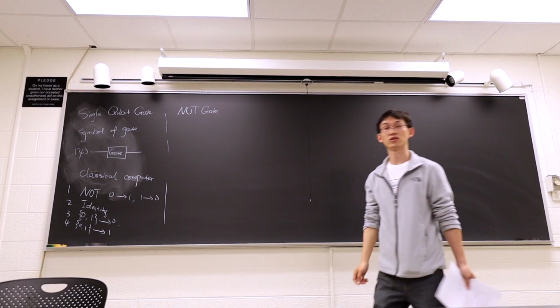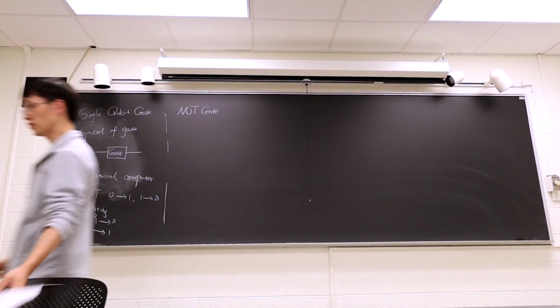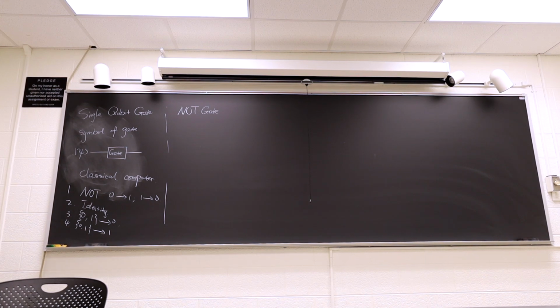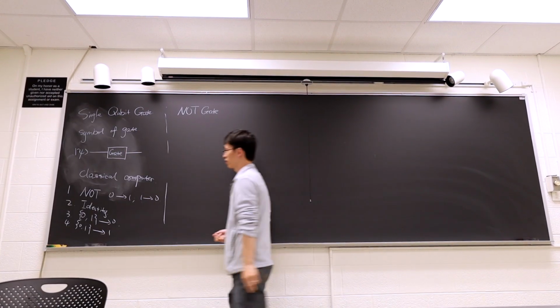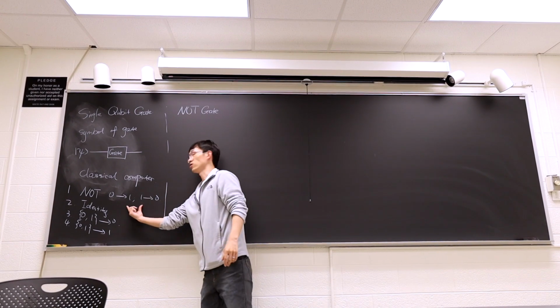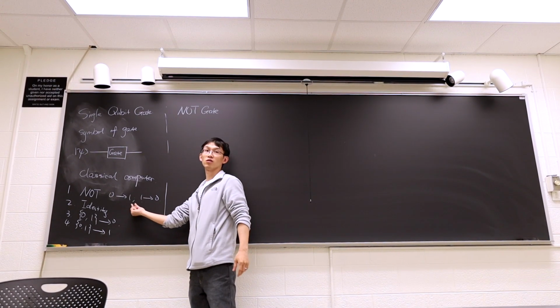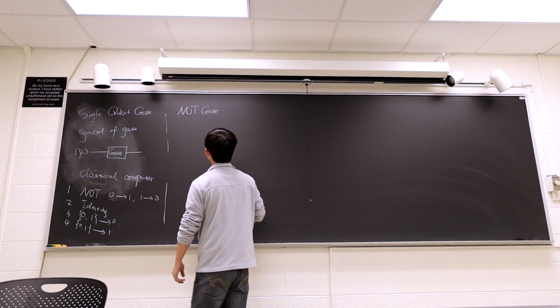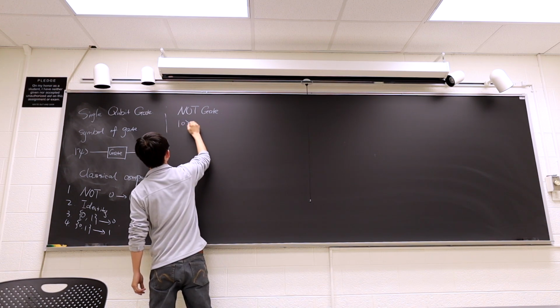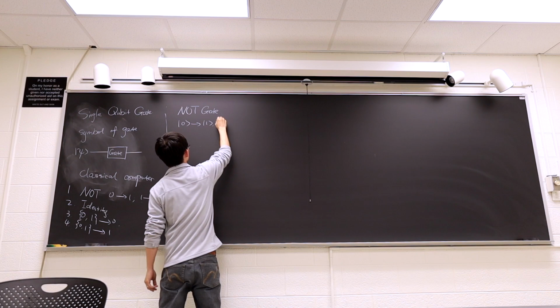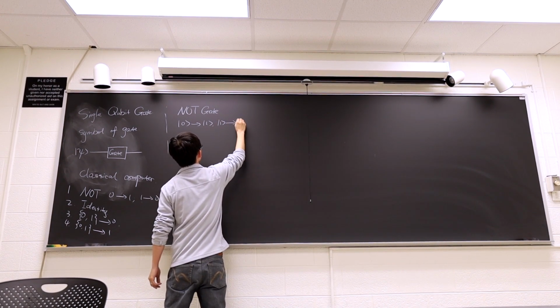So what is a NOT gate in a quantum computer? Similar to the classical case, what the NOT gate will do is that it takes 0 into 1 and 1 into 0.